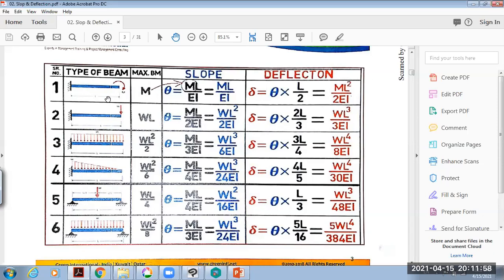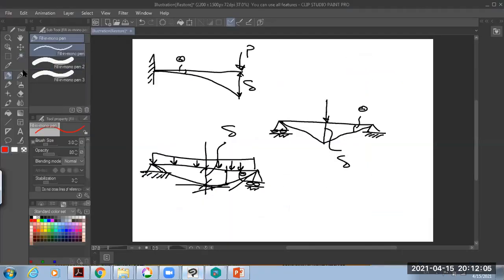The slope is what? As I told you, this type of cantilever will be deflected like that. I will show it to you.